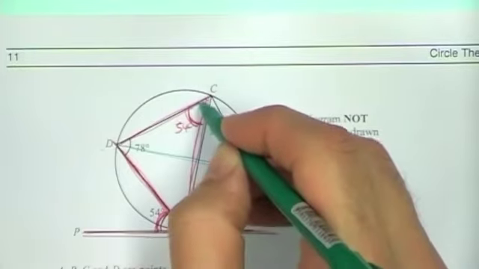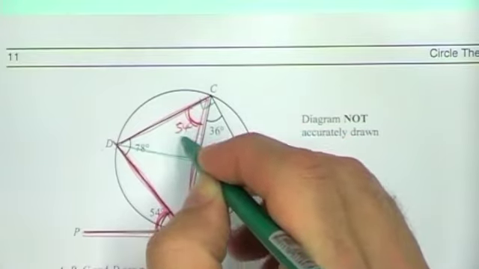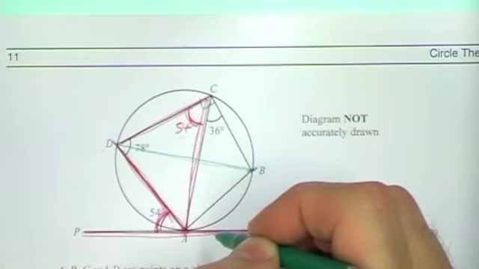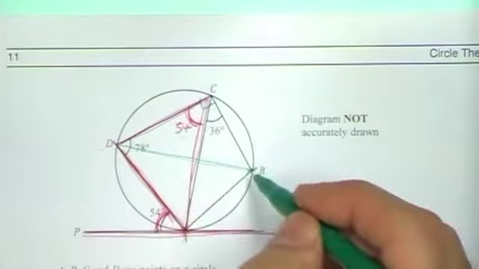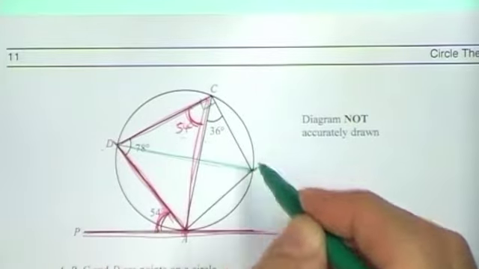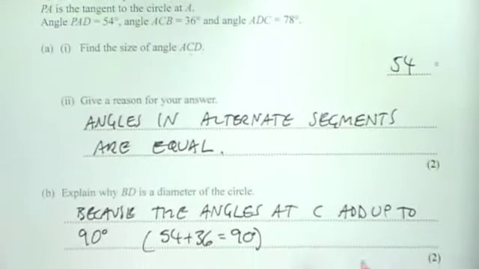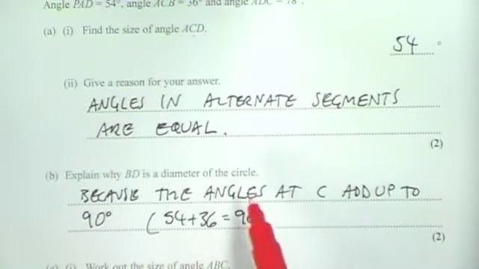And true to form, yes, because there is 36 and 54, they add up to 90 degrees, and the only time that happens is, like I said, if BD was a diameter. So that's what I've put: explain why BD is a diameter of the circle, because the angles at C add up to 90 degrees. The 54 plus 36 equals 90.